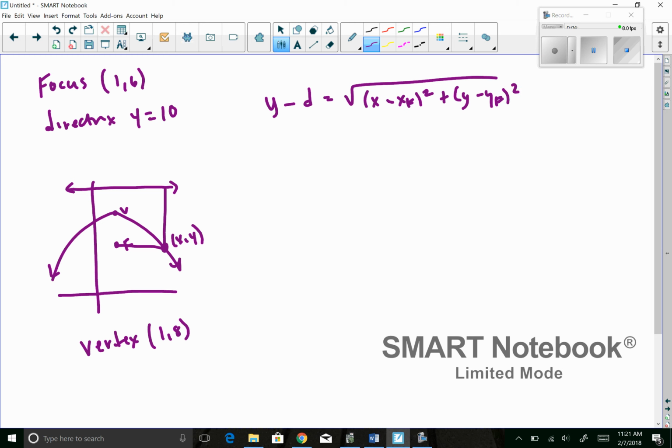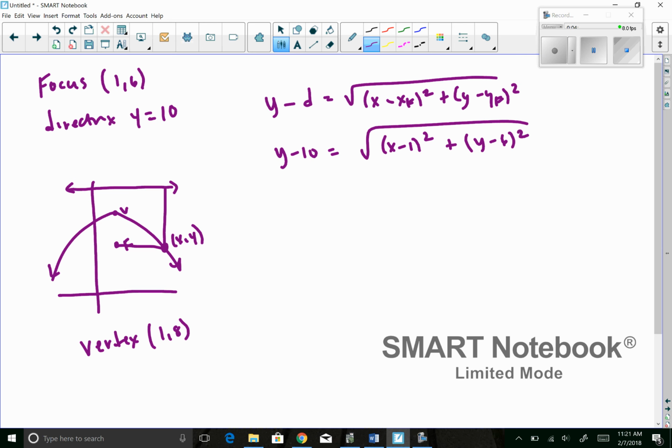If we plug in all the stuff we know, the directrix is 10, so I'm going to say y minus 10. The x value of the focus was 1, so I'm going to say x minus 1 squared. And the y value is 6, so I'll say y minus 6 squared.